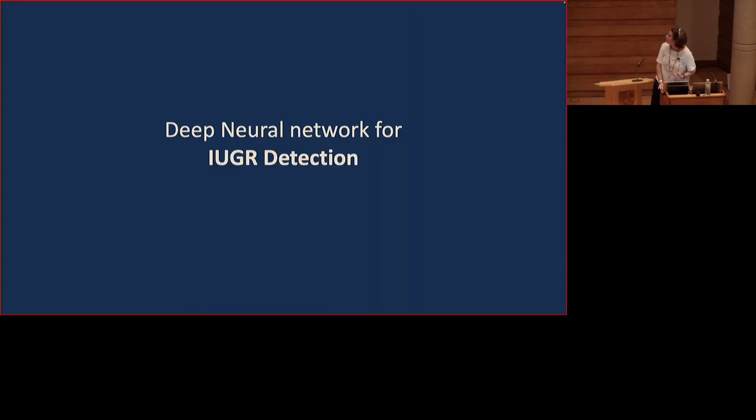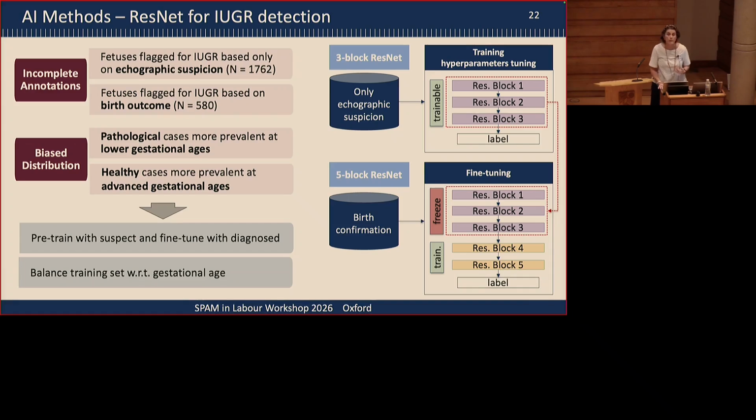This approach has also been applied to IUGR early detection, and I have no time to go in depth about the results, but this approach provided a good separation between healthy and presumed IUGR. Presumed IUGR means small for gestational age, but the clinicians were not sure about disease, and verified the IUGR at birth.